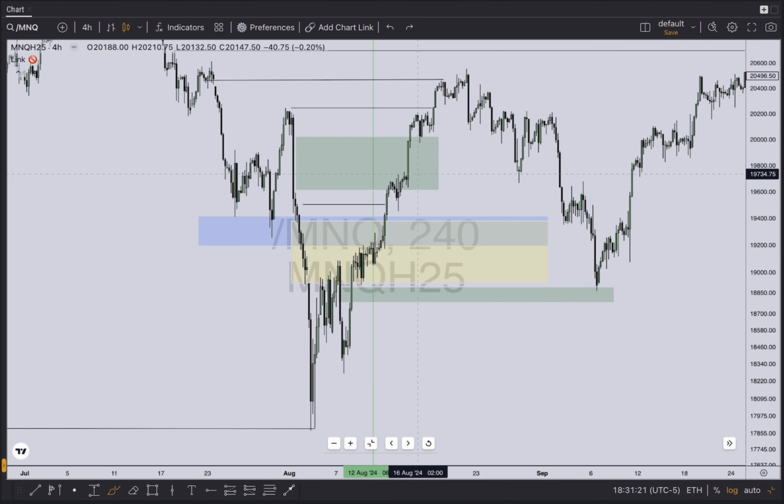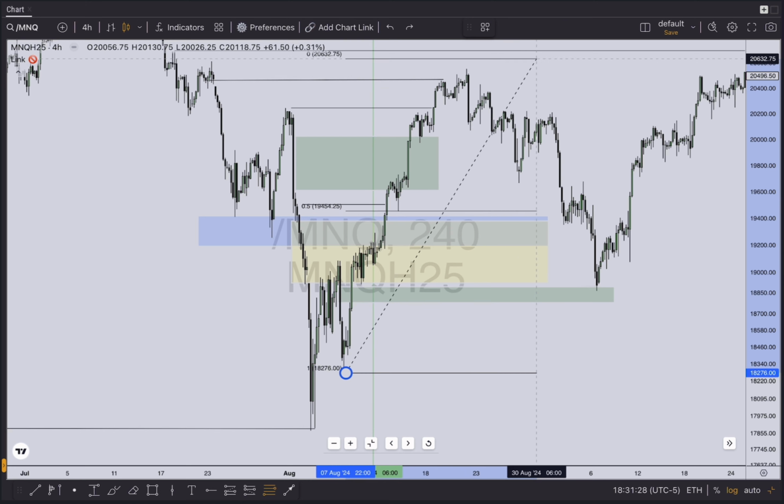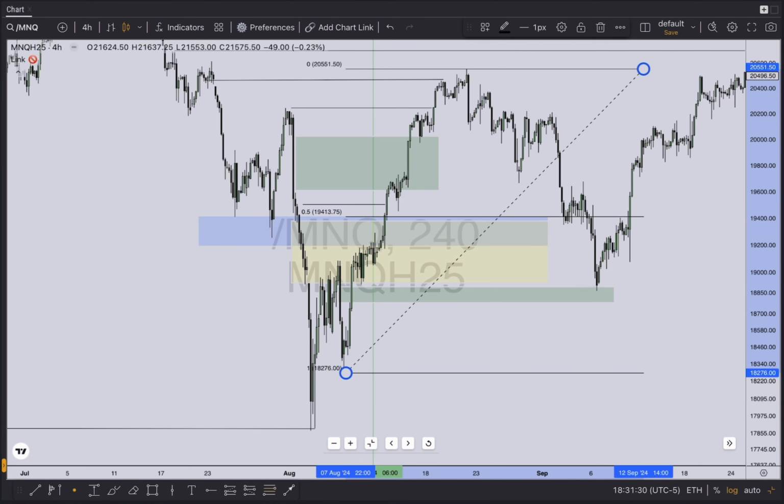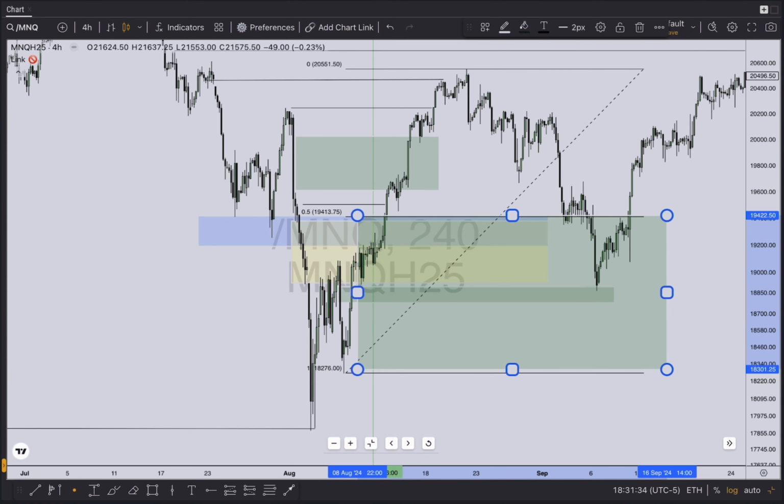A leg is a straight leg, right? So this, in my opinion, would be a leg. So I would take the Fibonacci from this low into this high, and now we can see that we are in discount of this move, right? And put it in red. So now this is a nice zone for us to look for longs, isn't it?